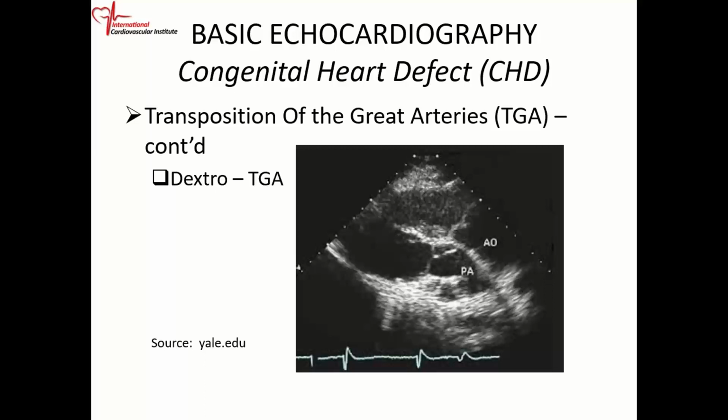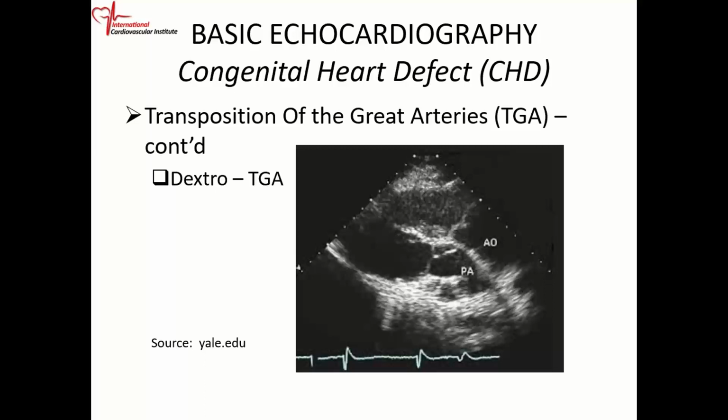Not only are the vessels transposed, but the position is also abnormal, and you can recognize this on the echo as well. Your short axis view and your parasternal long axis view will sort of tip you off. And again, if these individuals are going to survive, there have to be shunts, so you have to look for the shunts. Okay.